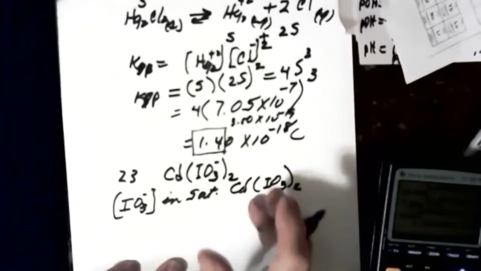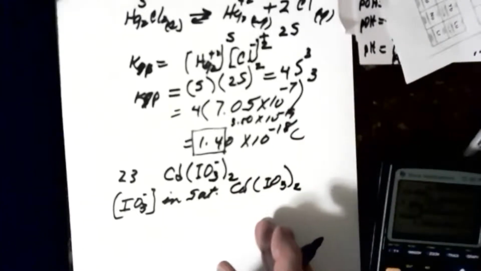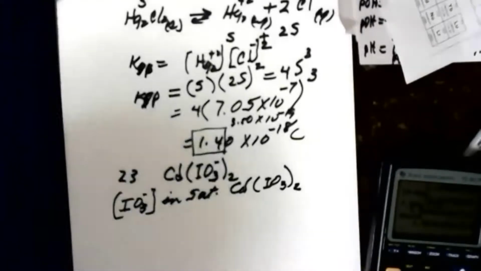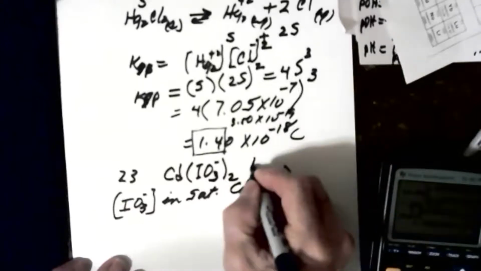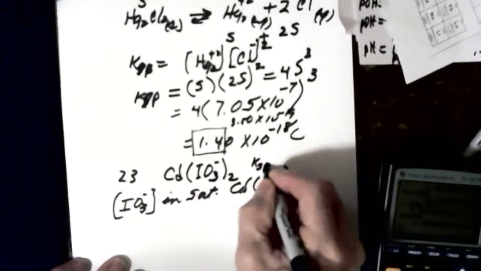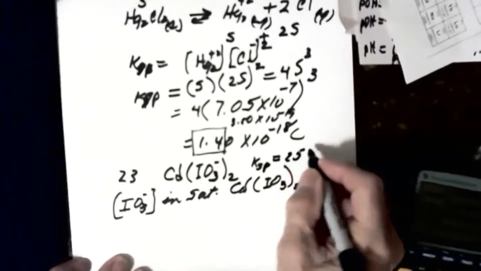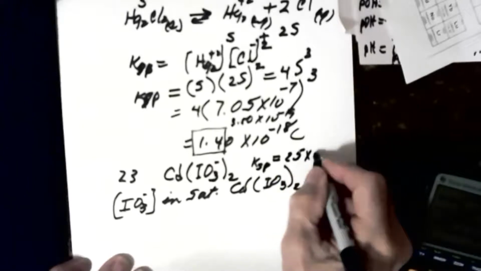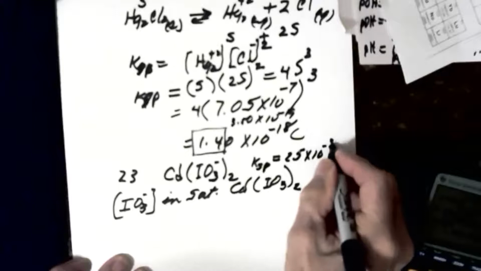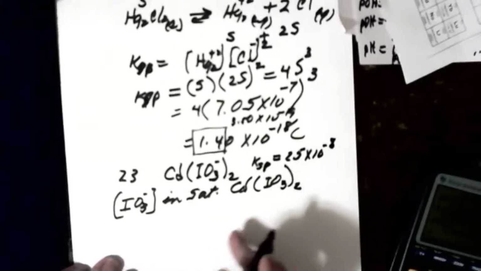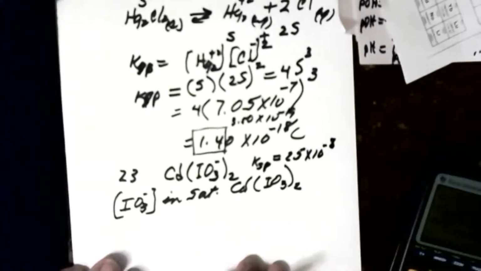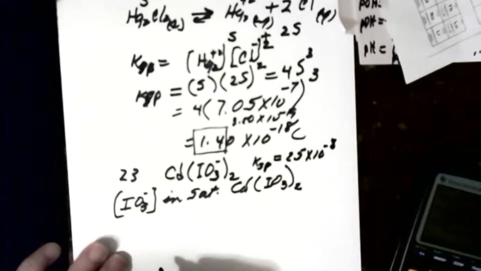So that's my cadmium iodate concentration. And we're told that the KSP is 2.5 times 10⁻⁸. Okay, so there we have the data that we need to get the answer.